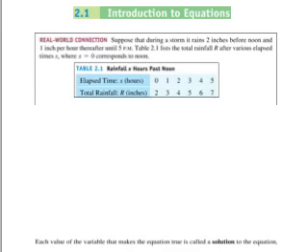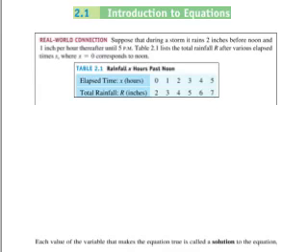All right, suppose that during a storm, it rains 2 inches before noon and 1 inch per hour thereafter until 5 p.m. Table 2.1 below lists the total rainfall R, so R is rainfall, after various elapsed times. X, elapsed time, is how much time has passed since a certain time, where X equals 0 corresponds to noon.